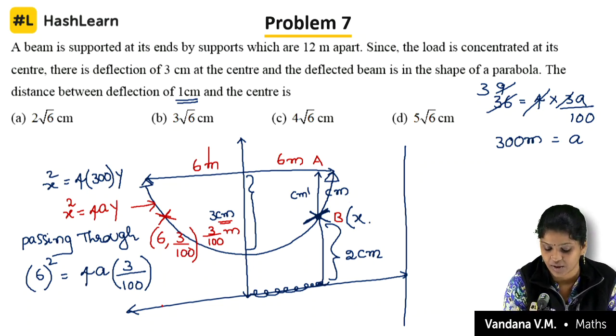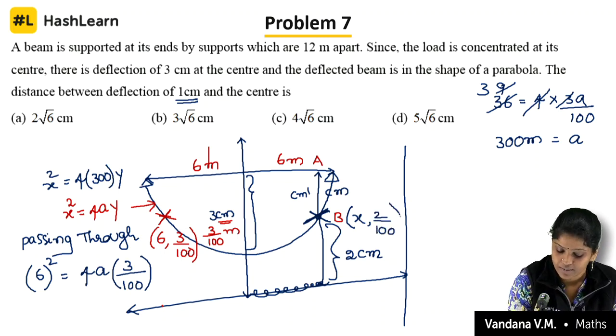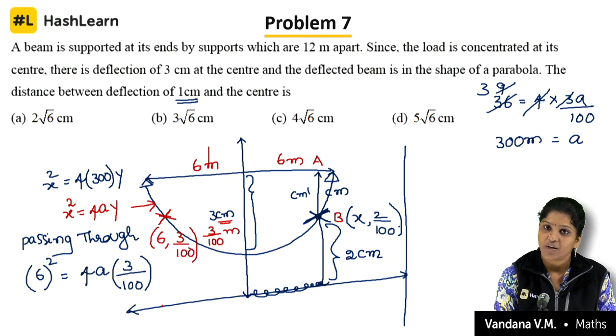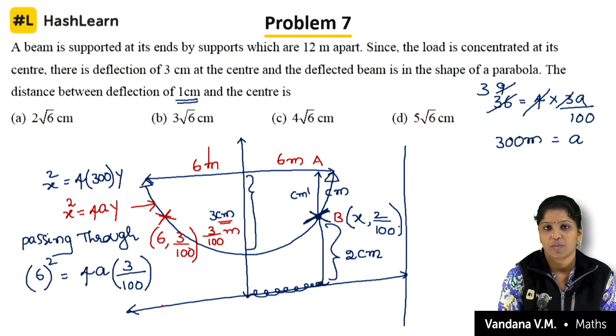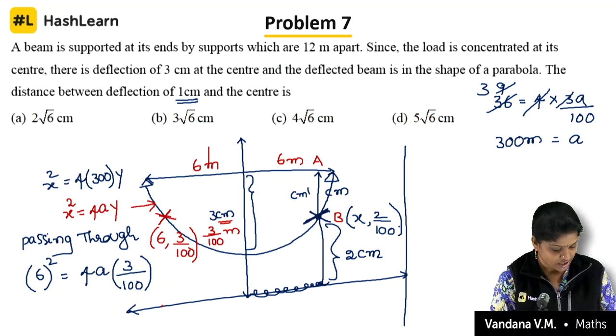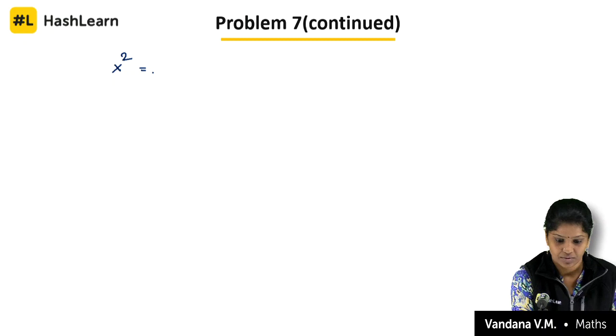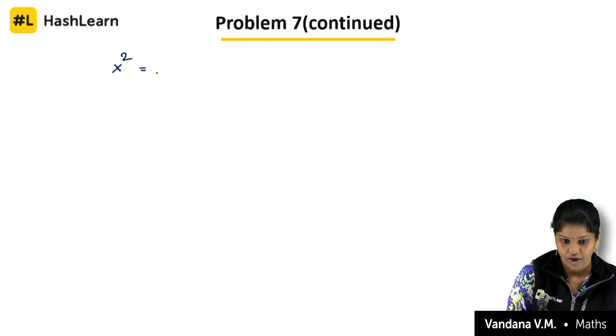So this point will be x comma 2 by 100 meters. I know the equation, I know the point it passes through, I can easily find the x coordinate. So please substitute. So x square is equal to, just a minute, I am not getting the chart.